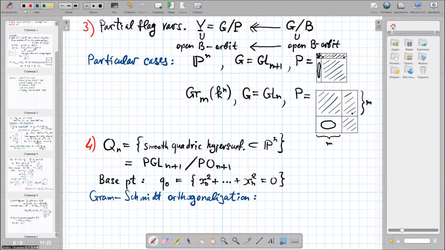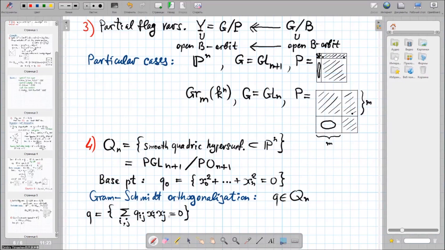It says basically that if you are given a quadric in this space Q sub n, which is defined by a quadratic equation, so like this, sum of Q sub ij xi xj equal to 0 over all i and j.